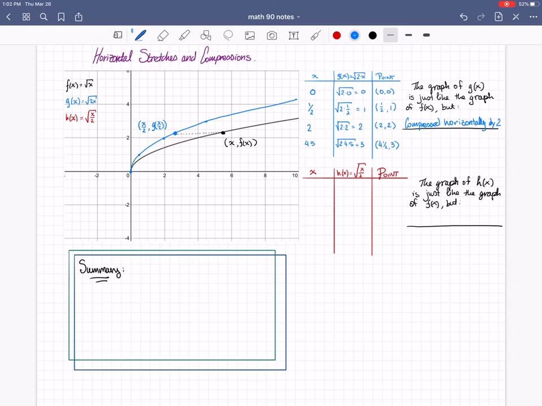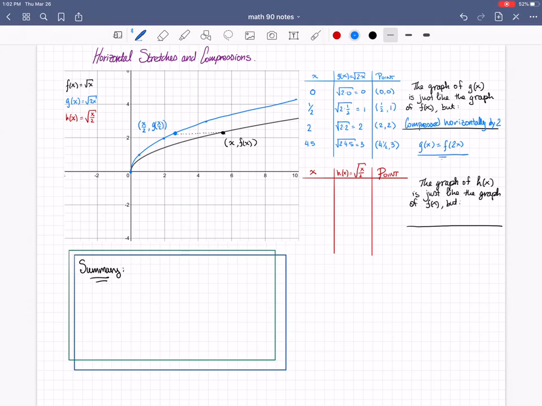And so the way that we're going to write this, because remember, we're trying to express g in terms of f, is we're going to say g of x is equal to f of 2x. In other words, in order to get the same output, f needs to take double the input.